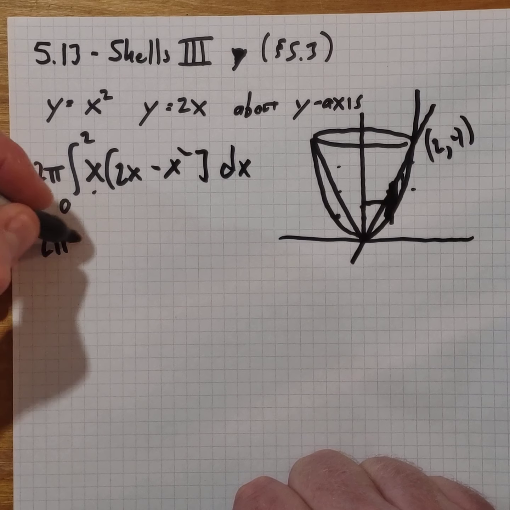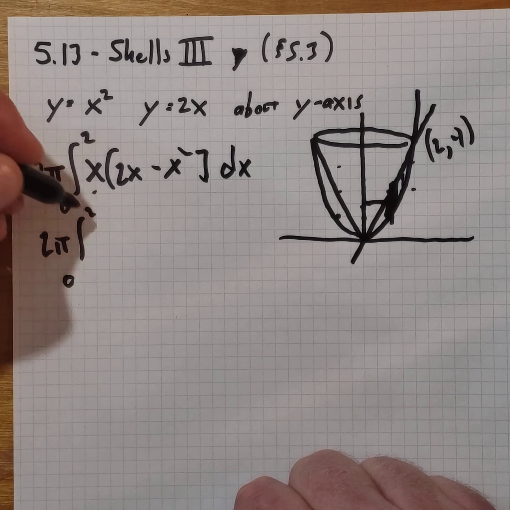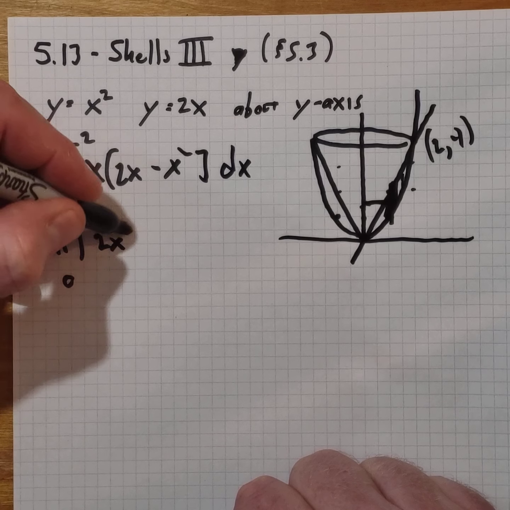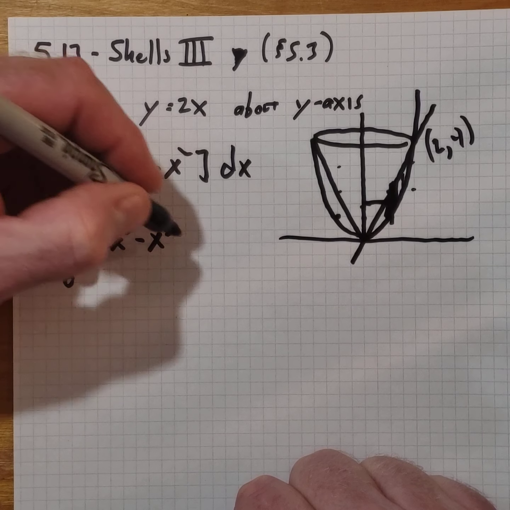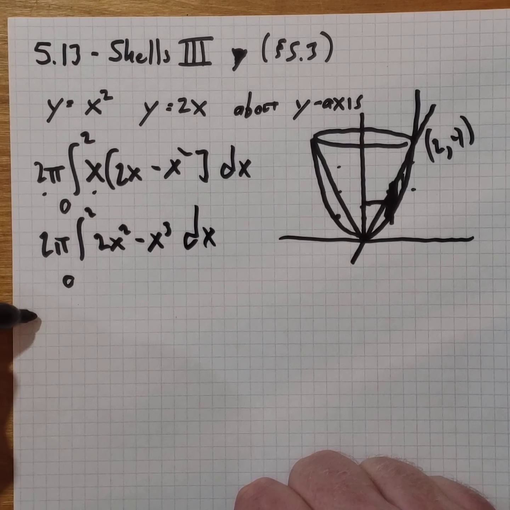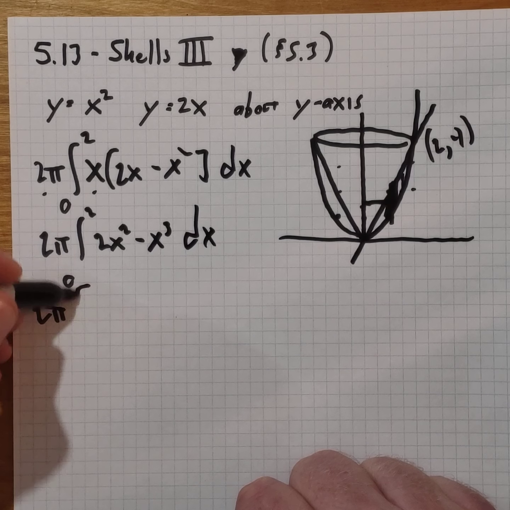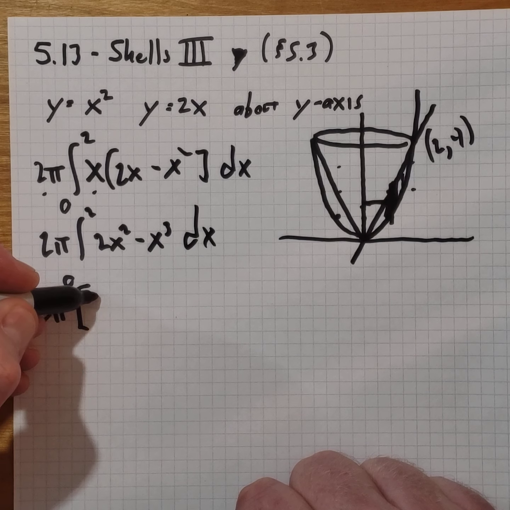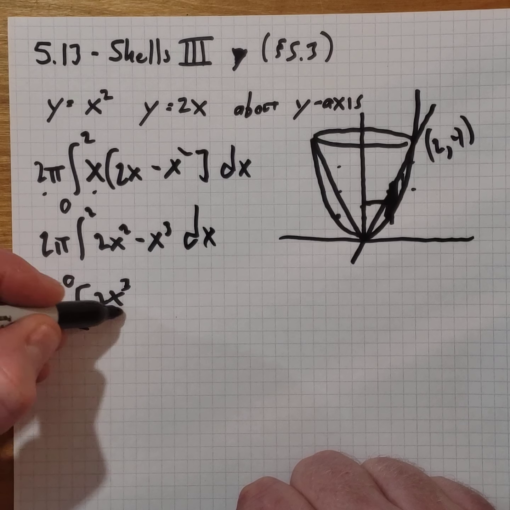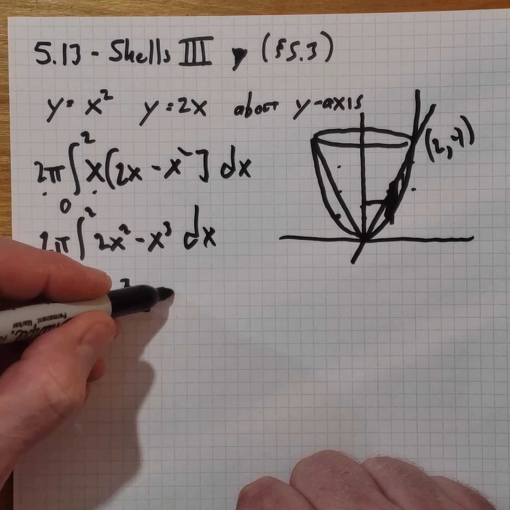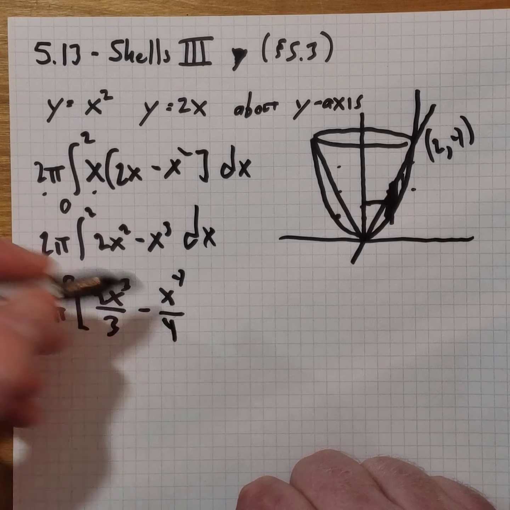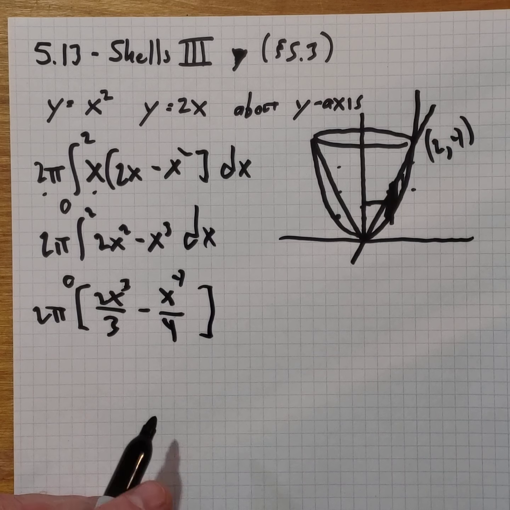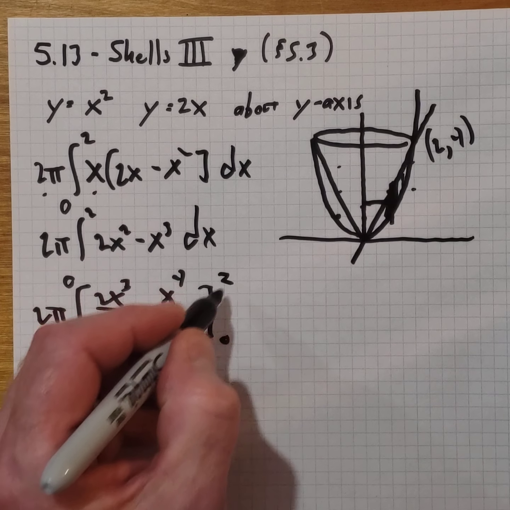I'm going to work this one out. These get a little tedious. 2x squared minus x cubed dx. Let's get 2 pi. The antiderivative there is going to be 2x cubed over 3 minus x to the 4th over 4, from 0 to 2.